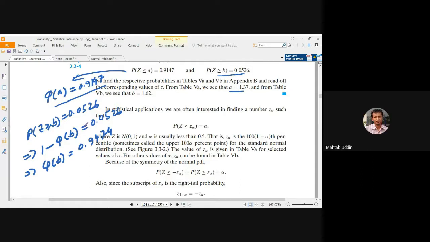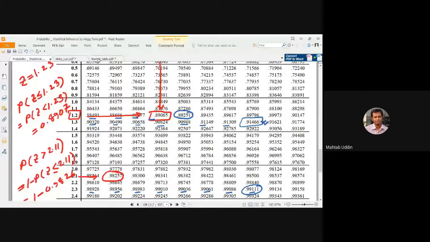So we have to find the position for 0.9474. Find it, 0.9474. What is 0.9474? I think this is it.